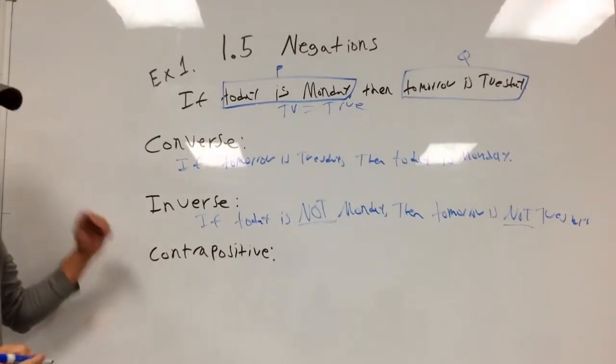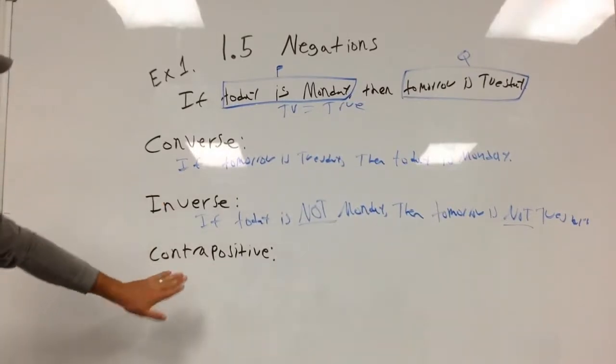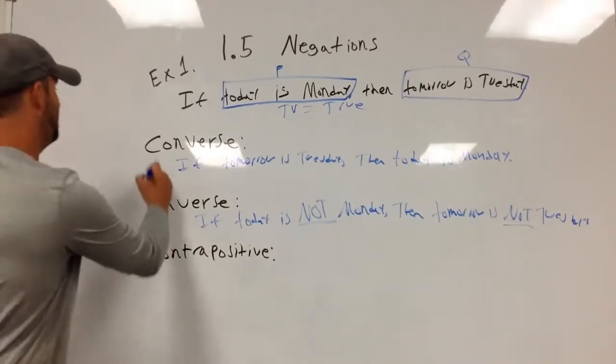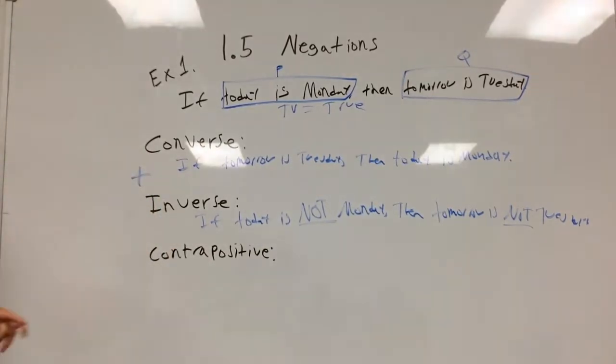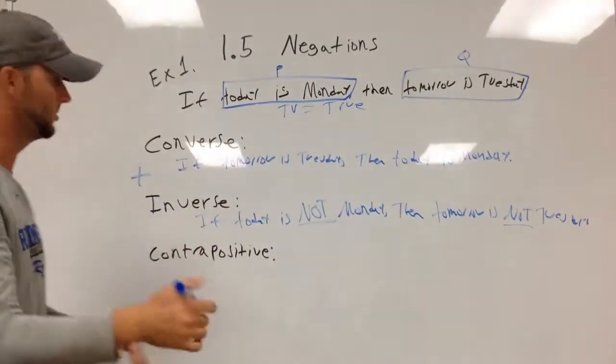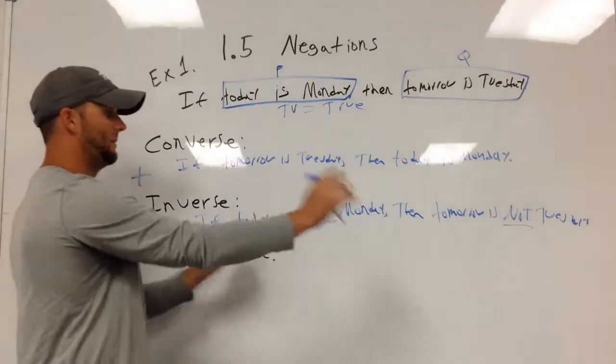Okay? Now lastly, remember, the contrapositive is the converse and the inverse combined. That means I'm going to flip them and negate them. I'm basically going to take this sentence right here and flip it.